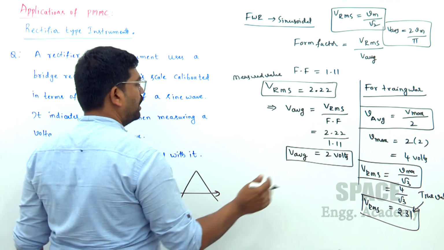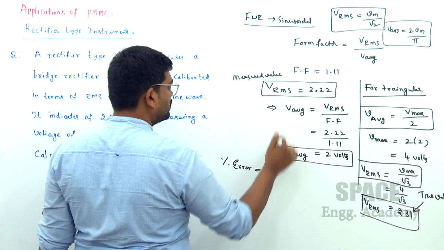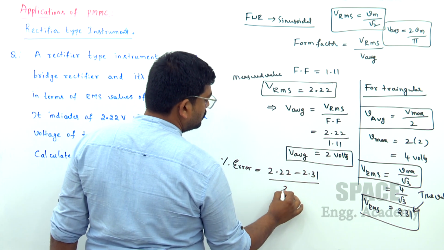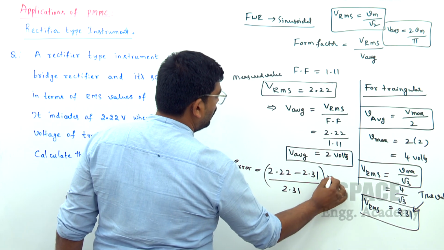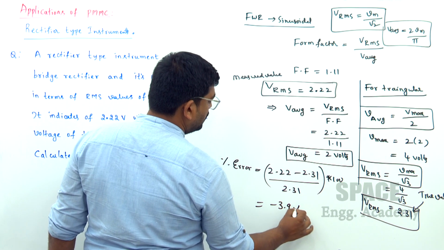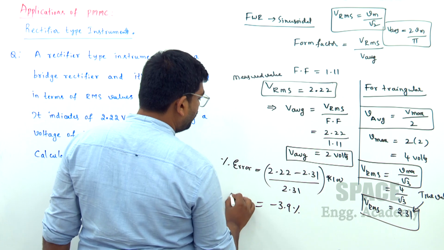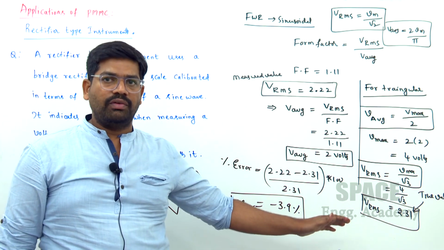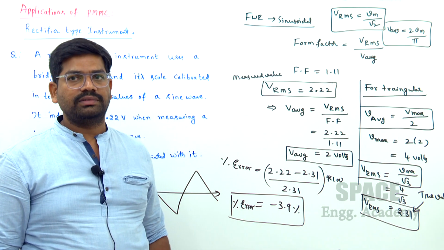So, anyway, our intention is to find what is the error associated with it. You are measuring 2.22, but actual value is 2.31. Okay, measured minus true by true into 100. If you simplify further, minus 3.9% we will get. Understood? Scale is designed for sinusoidal waveform, but you are applying the triangular wave. That is the reason behind this percentage error. Okay.